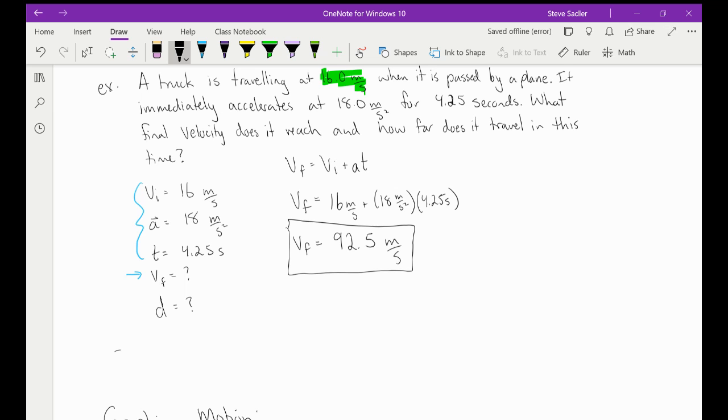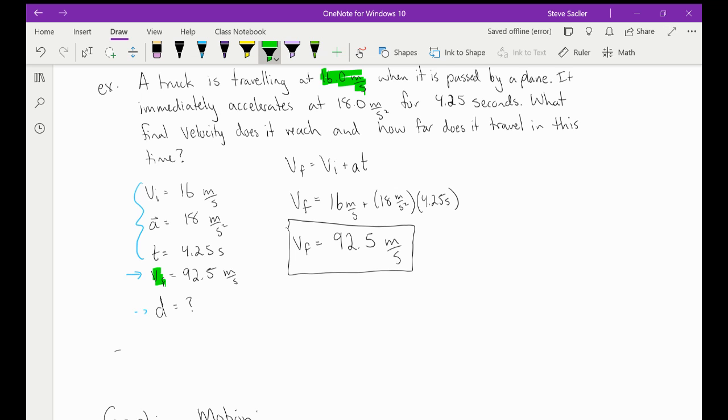Okay, now we know V final. We can use this if we want to. So here's another thing when you're doing these questions that build on each other. Here it says find the final velocity and how far it travels. Now that we're trying to find distance, if I can find distance without using the V final, that's going to be ideal.